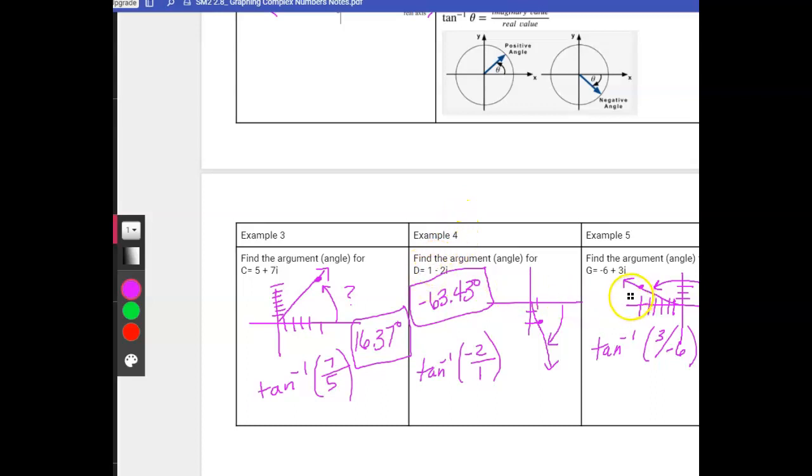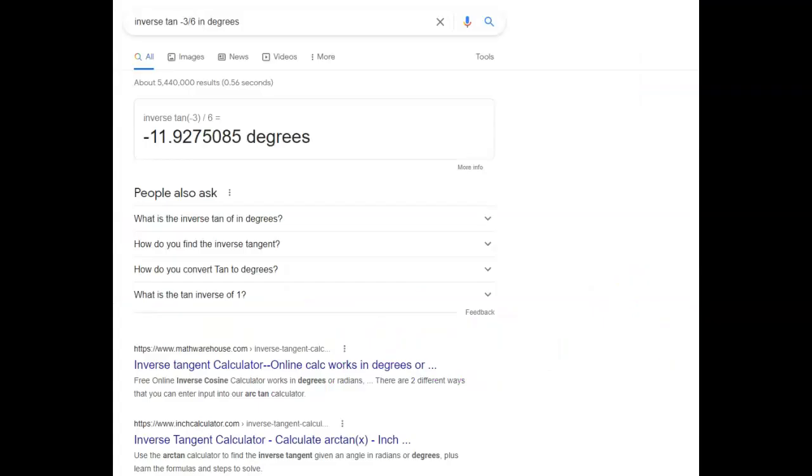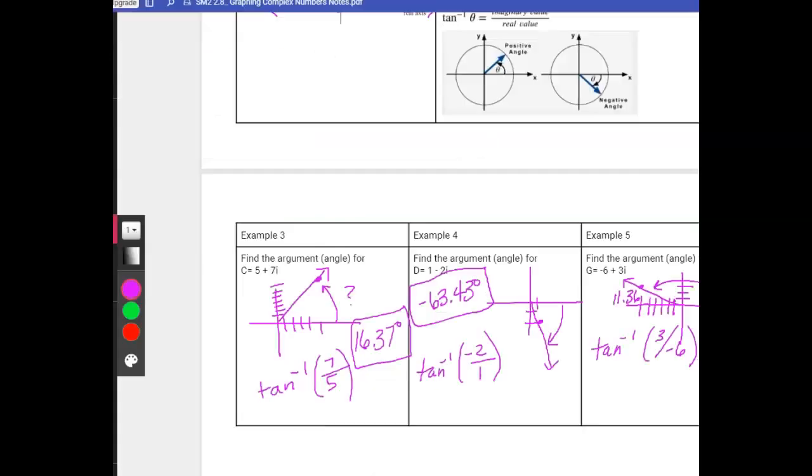This is going to be our 11.93. So then if I take that off 180, I get 168.07.